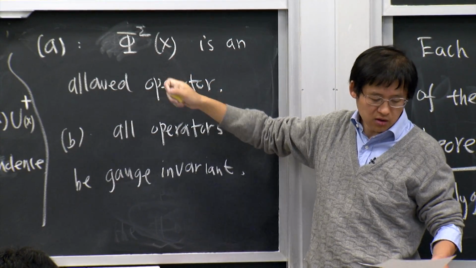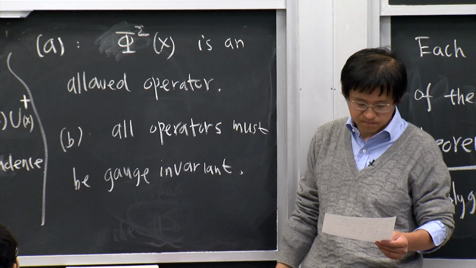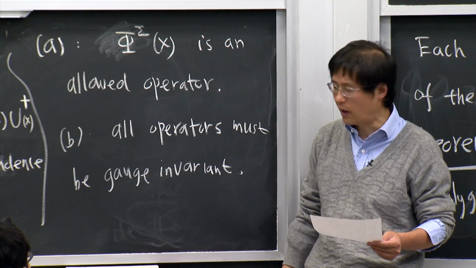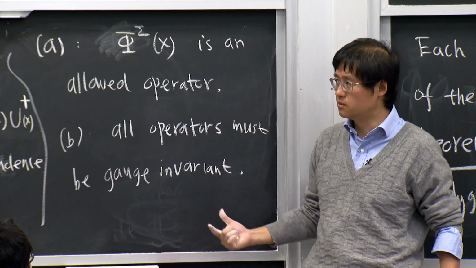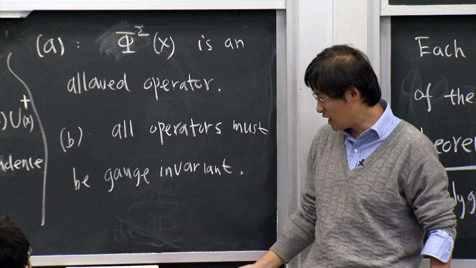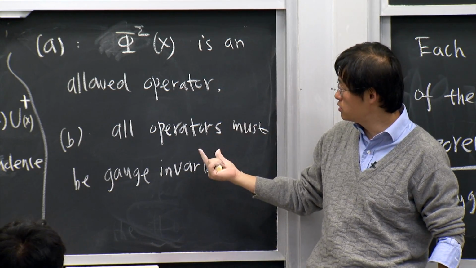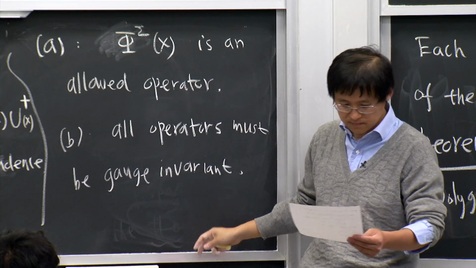So the observables in a gauge theory are much more limited. We will be interested in gauge theories, so we will always be interested in observables which are invariant under the symmetry.